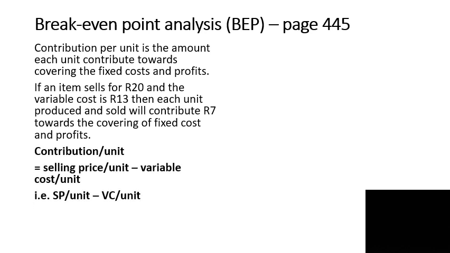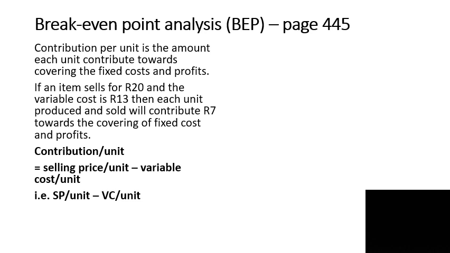Now, contribution per unit is calculated by saying selling price per unit minus variable cost per unit. This selling price per unit might not be given easily. We normally calculate it by saying our total sales divided by number of units sold.